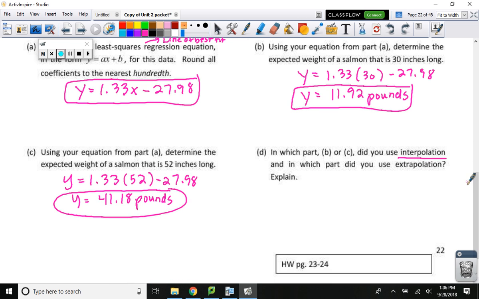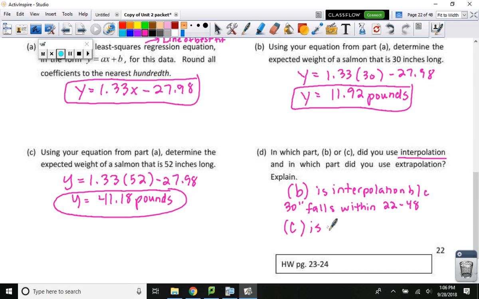So B is interpolation because 30 inches falls within 22 to 48, which is your table. And C is extrapolation because 52 inches is outside.